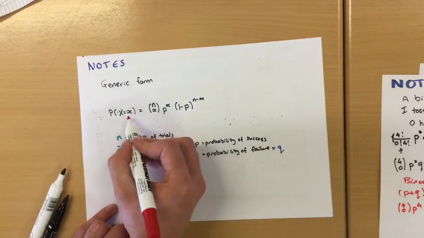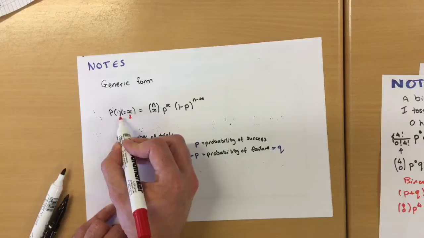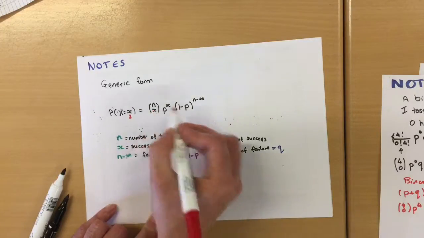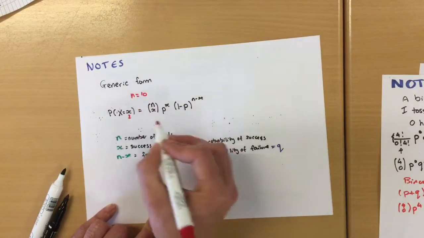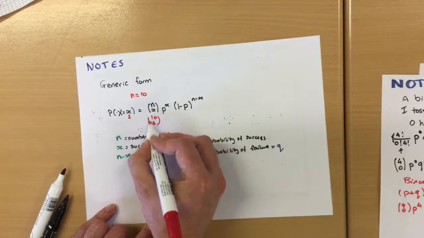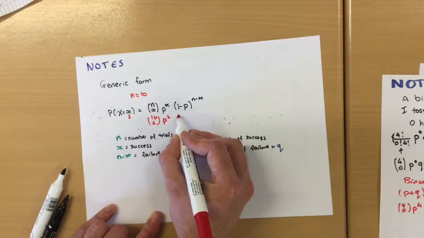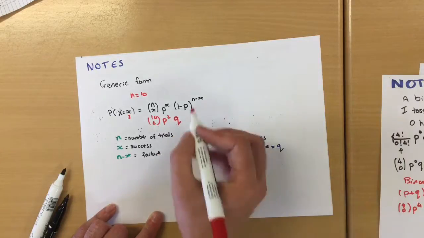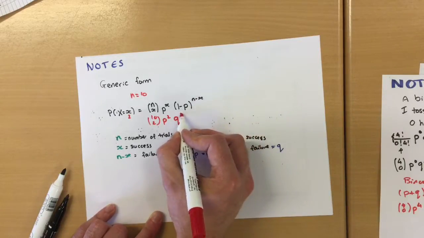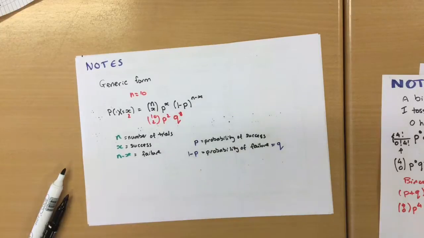So if I had 10 events and 2 successes, so n was 10, I'd want 10 choose 2 successes, probability squared, using q for failure, and then what's left over is 8 other events, or 8 failures. You need this down as well as a generic form.